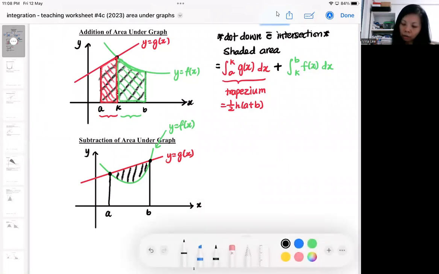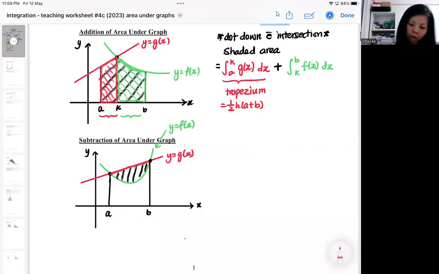Then I got to apply my theory of area under graph. The area under the straight line is a trapezium. So this is the red color.